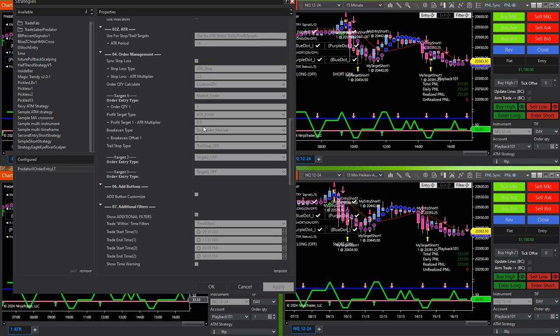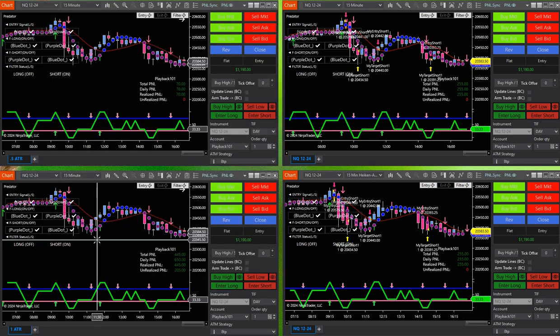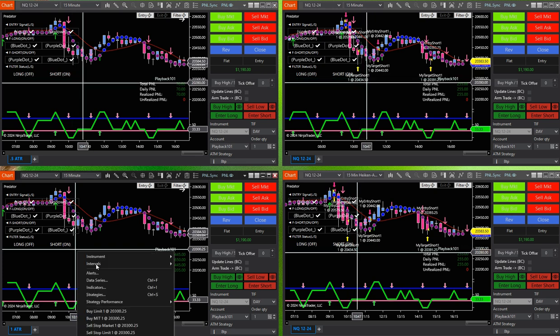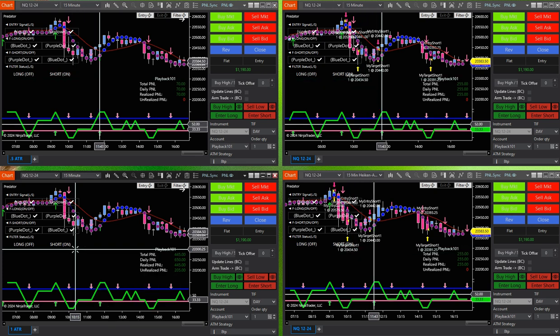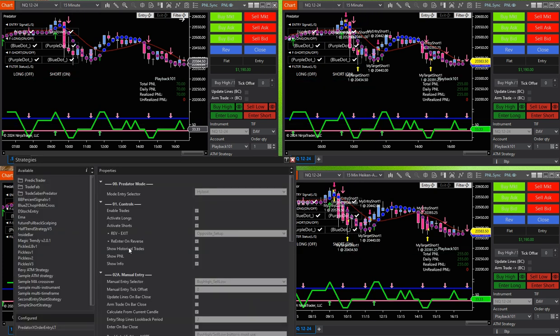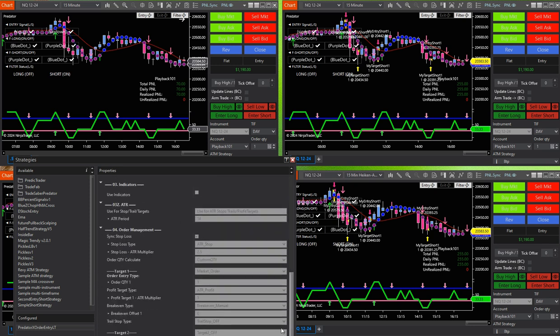So you can see here I have an ATR. All of these charts are using the ATR stop loss of 2.5 and 14 period. Now the chart here on the top left is using a 0.5 ATR profit target, and the chart below that on the bottom left is using a 1 ATR, a one multiplier ATR.